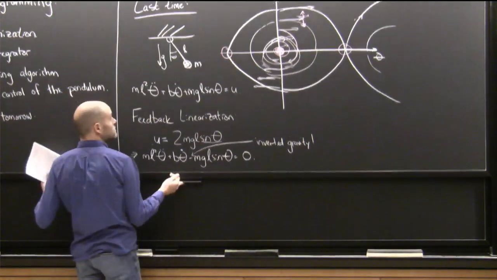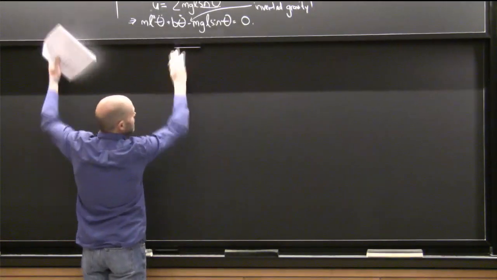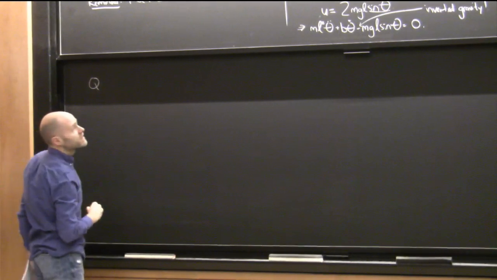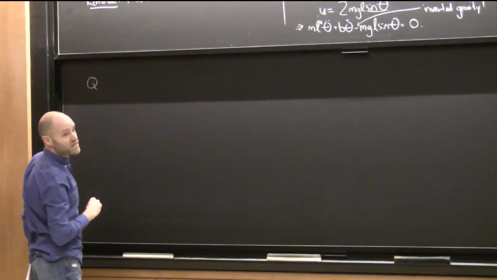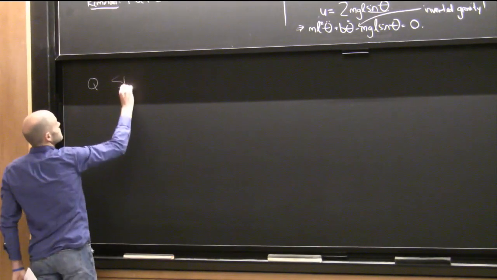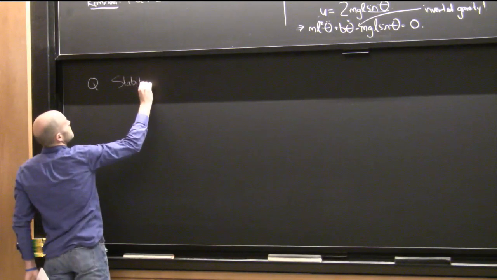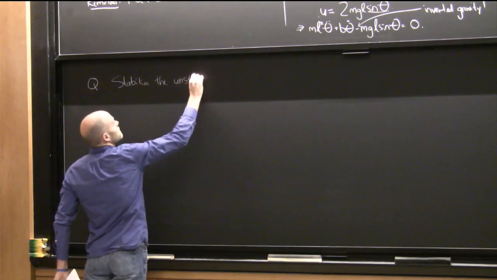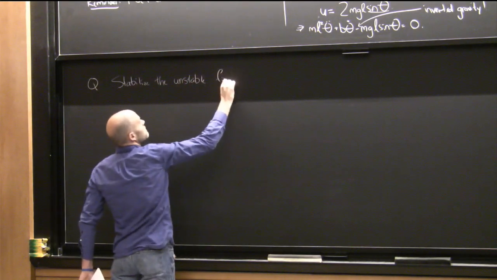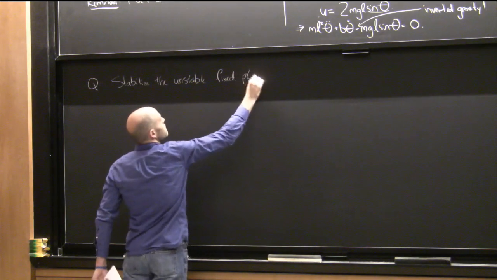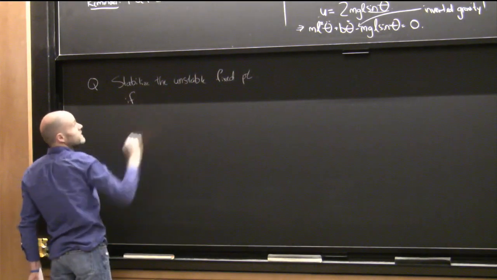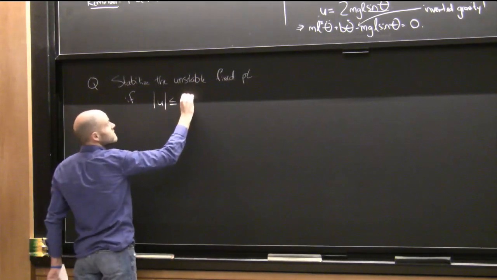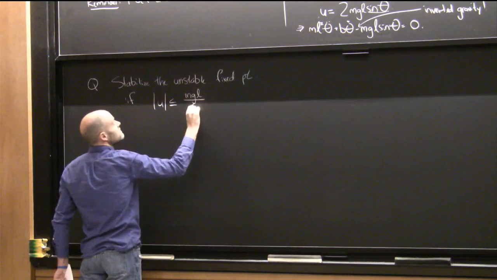So here's a harder question. How would you stabilize the unstable fixed point if I give you a torque limit, let's say it's mgl over 4?